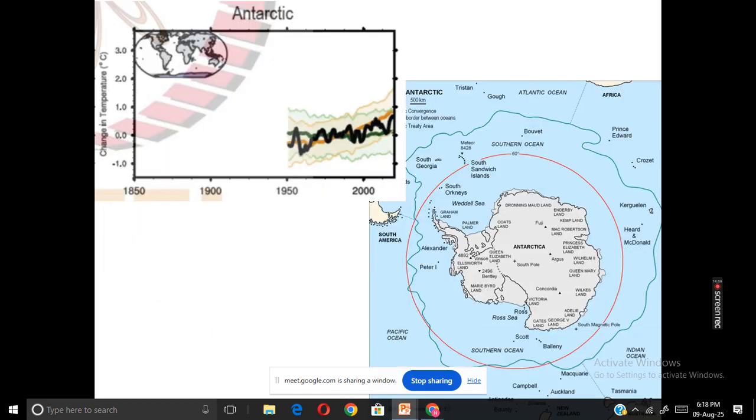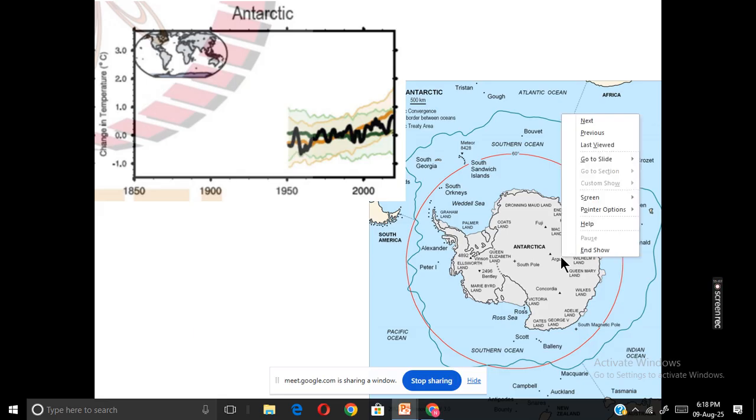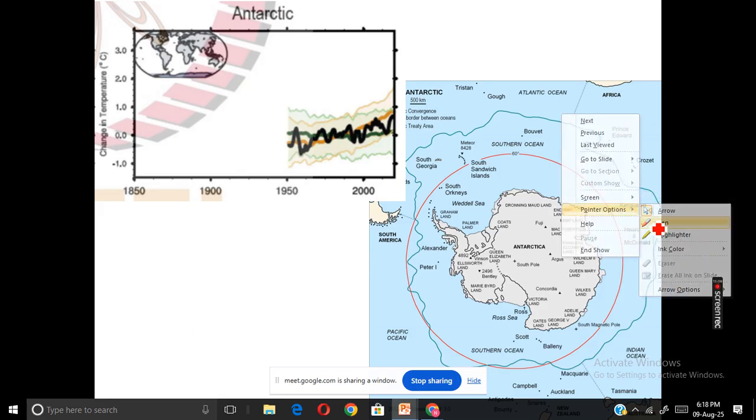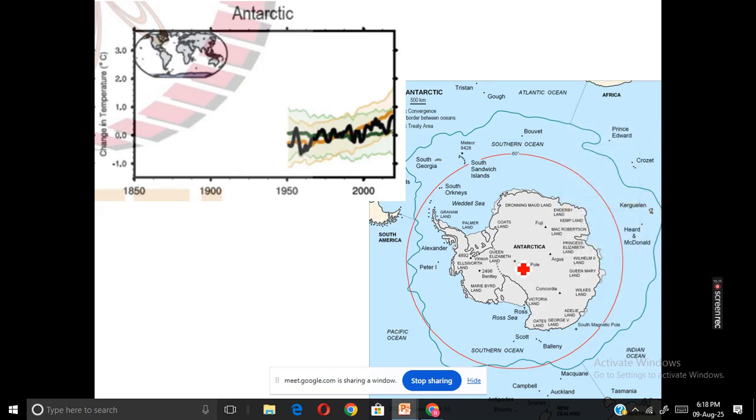Now, when we look at the polar regions, the Arctic and Antarctic, Antarctic is part of the southern hemisphere. As you can see in the figure, this is the South Pole, and this is the Antarctic region. Antarctic is basically a landmass which is covered by an ice sheet.